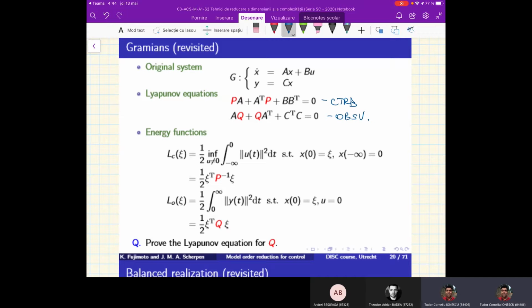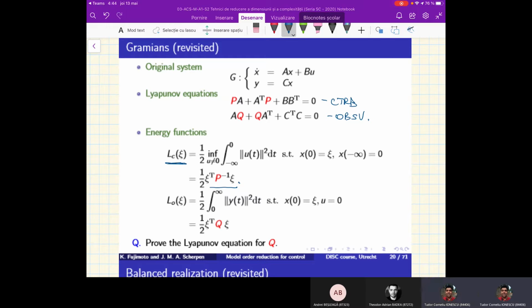They call them P and Q here, and we know that they are related to the energy functions. The controllability energy function, which is the minimum effort to bring the system from 0 at minus infinity to psi at 0, is given by this function, which depends on the inverse of the controllability Gramian.